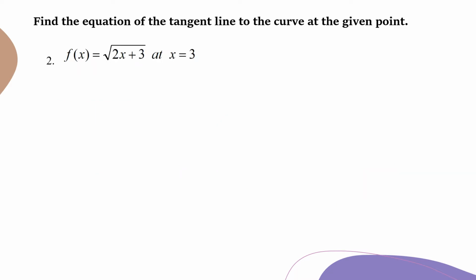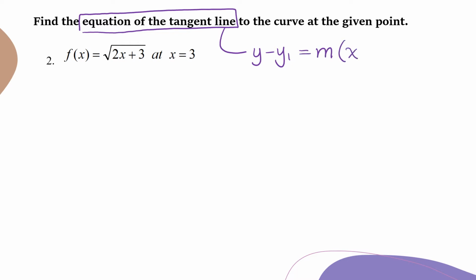We want to find the equation of the tangent line to the curve at the given point. So for finding the equation of the tangent line, we will probably use point slope form. So we have y minus y1 is equal to m times the quantity x minus x1.